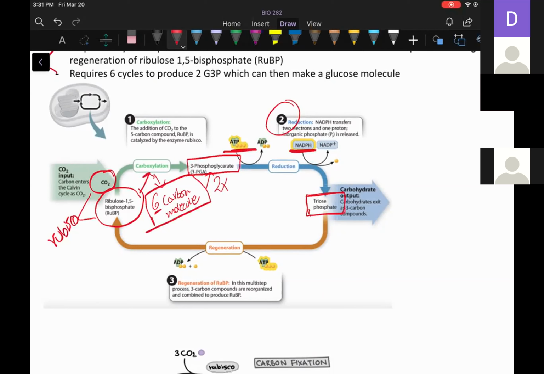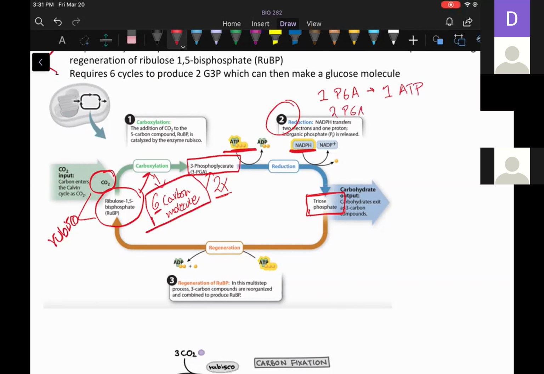As I said before, we're going to have 2 of the 3-PGA molecules. For one PGA molecule, we're going to need 1 ATP. So if we have 2 PGA, we're going to ultimately need 2 ATP for that.